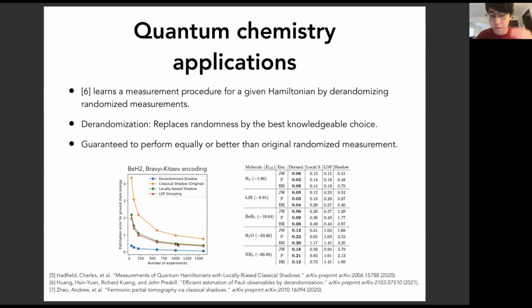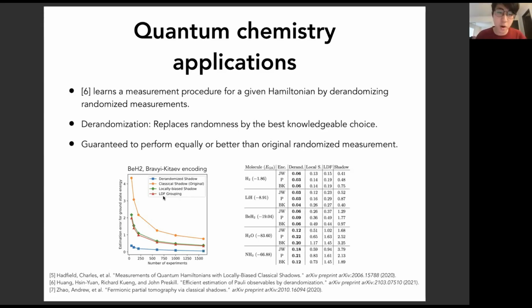So you can see that this is many orders of magnitude better than the original classical shadow for this small molecule. And we expect that when you go to larger molecules, the improvement will be more and more significant using this de-randomization procedure. We also compare with locally biased shadow, which indeed improves upon classical shadow, but for the molecules that we tried, it seems like the de-randomized procedure improves even further upon this locally biased shadow.